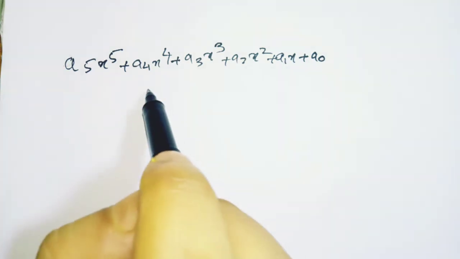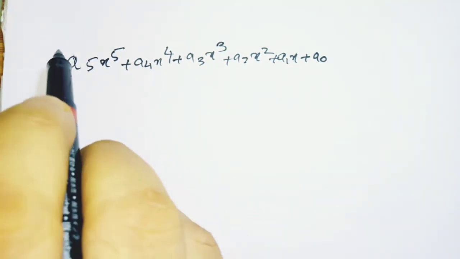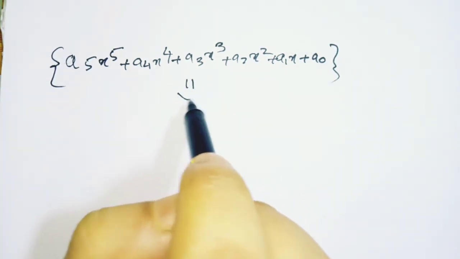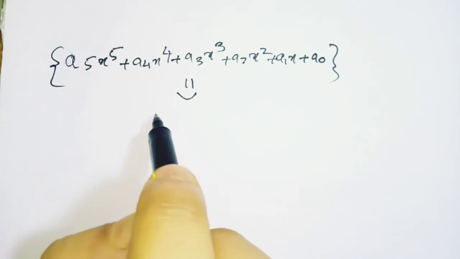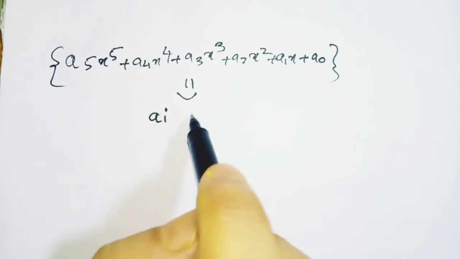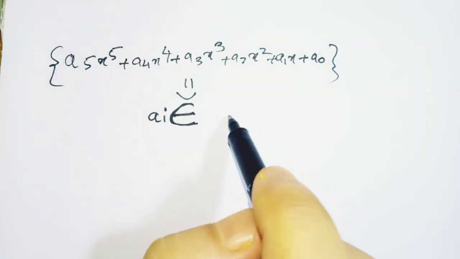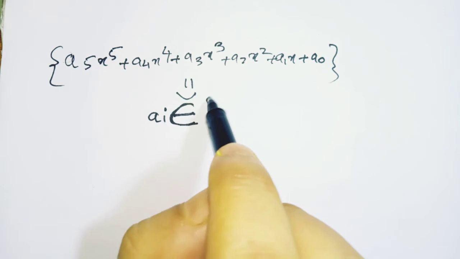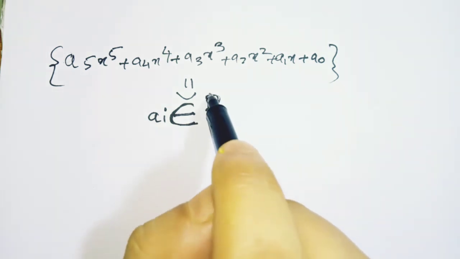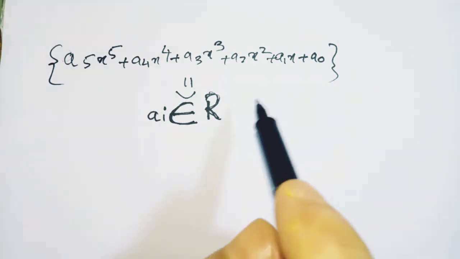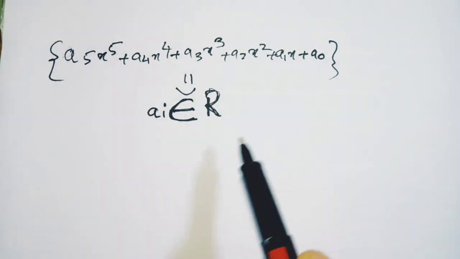So this entire equation is a polynomial of degree 5. If I generalize it as ai, each coefficient resembles a part of the real numbers, right? So all polynomials of degree 5 or less are also part of the vector space over the real numbers.